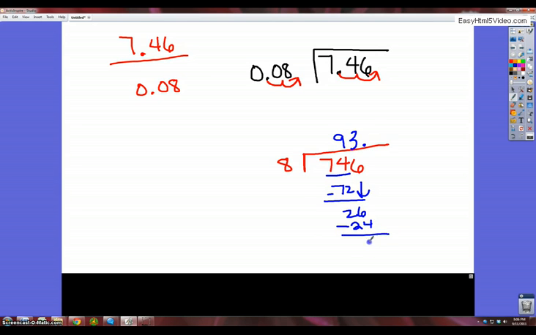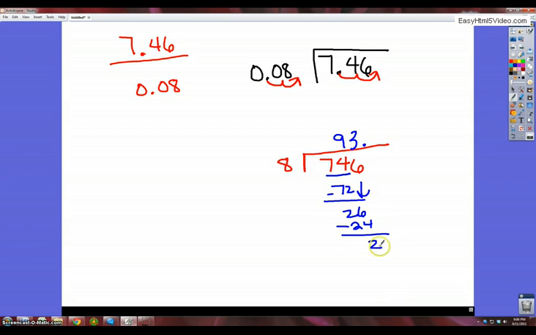Subtract, we get 2. Now, since we're in middle school and we're not babies anymore, you can't have a remainder. What you have to do is add a decimal and add some zeros. So let's go ahead and bring down this first 0 that we added. 8 can go into 22 times. 8 times 2 is 16. Subtract, we're left with 4.